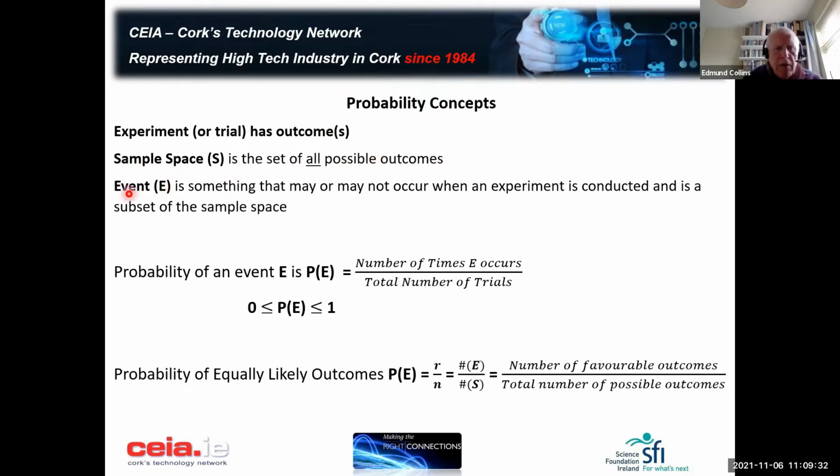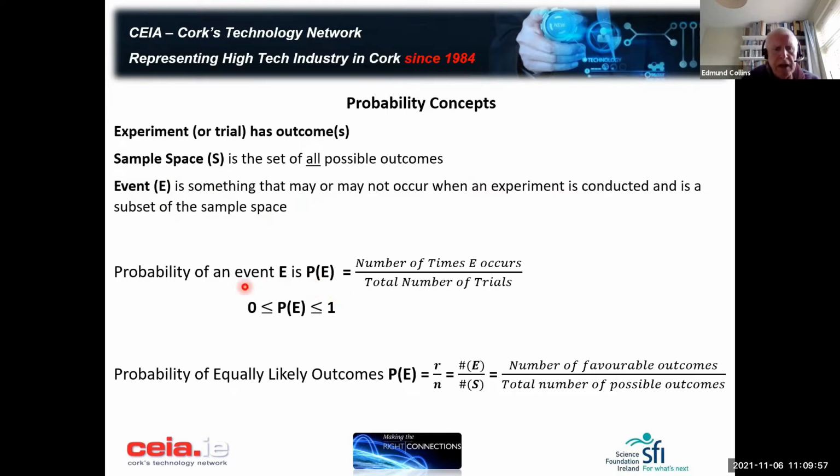And then you have an event E here. So S is used to designate the sample space, and the event is designated by uppercase E. This is something that may or may not occur when an experiment is conducted and is a subset of the sample space.